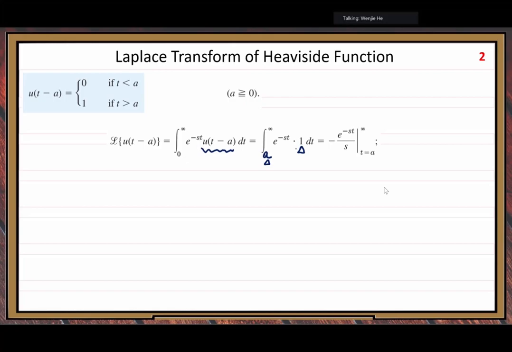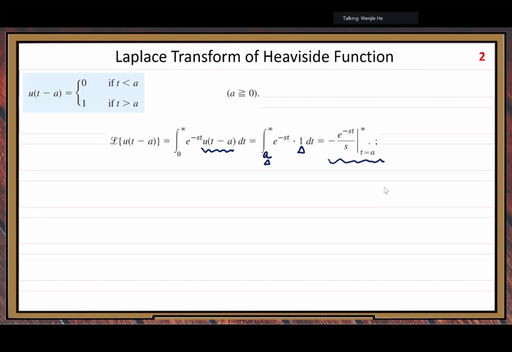Then, integration by parts, we don't need it. We just calculate the integral directly. Because here it is too simple. We just calculate the infinite integral directly because the limit at infinity exists. We know s is positive.